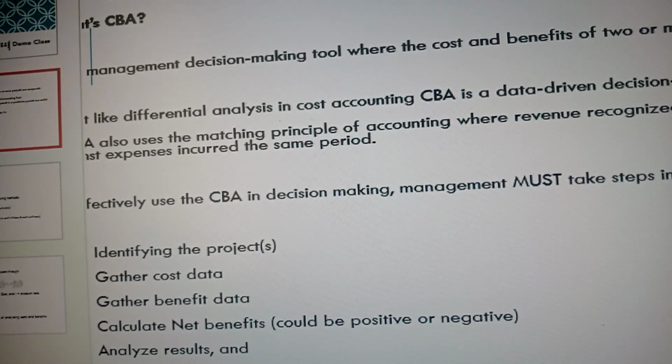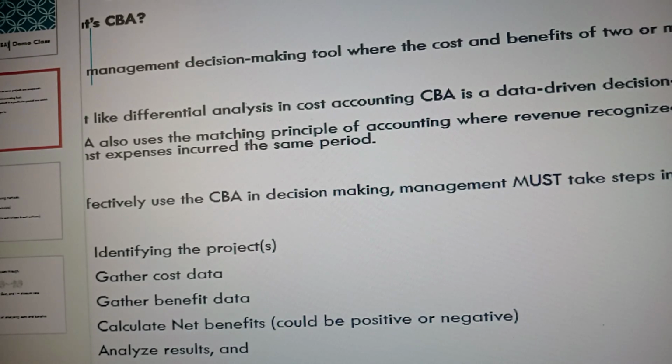It is like a differential analysis in cost accounting. Like differential analysis in cost accounting, CBA, for that matter, cost-benefit analysis, is a data-driven decision-making tool.